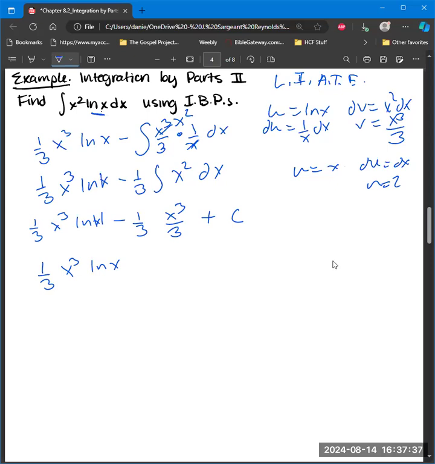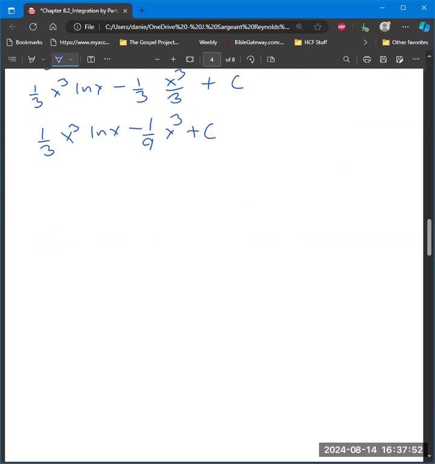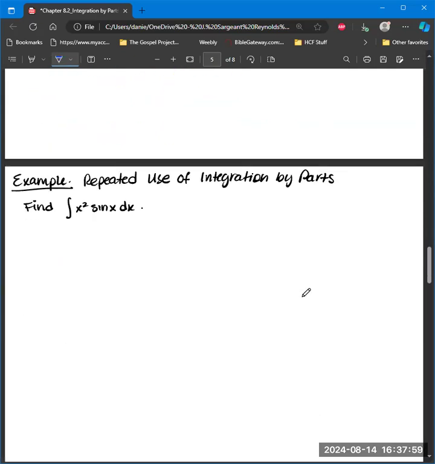No, it started off that way. And then minus 1/9 x cubed plus c. There we go.